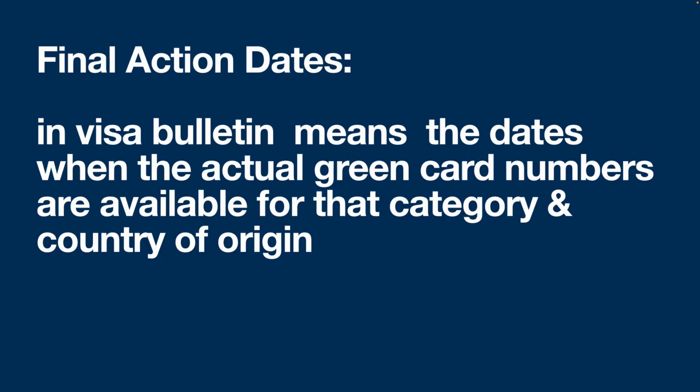So guys, let's discuss what is the meaning of final action dates. Final action dates, it means in visa bulletin, the dates when the actual green card numbers are available for that category and country of origin. Now, what is the meaning of date of filing?